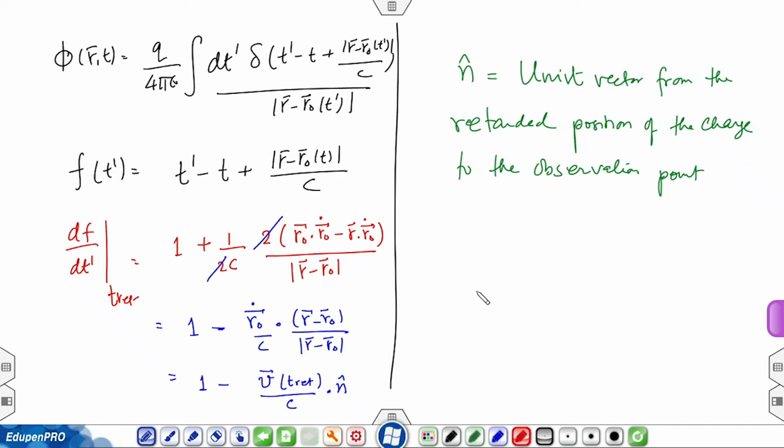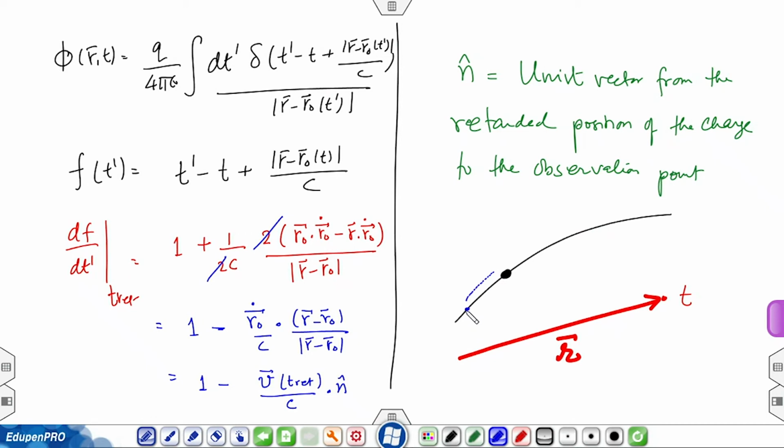So, if this particle is moving like this, here is the charged particle, and I am observing the potential at r, this point, at time t. The retarded position of this particle is somewhere behind, this is at time t here.